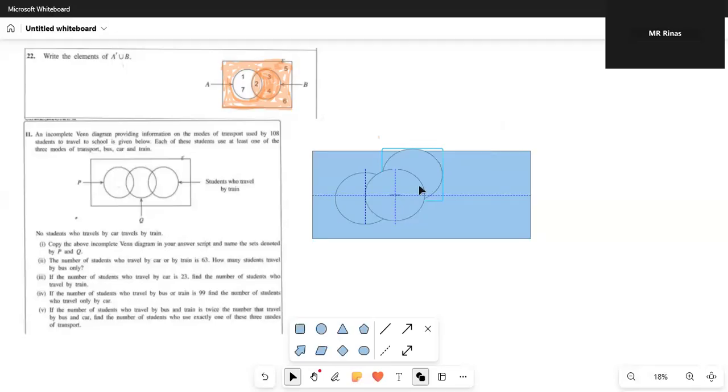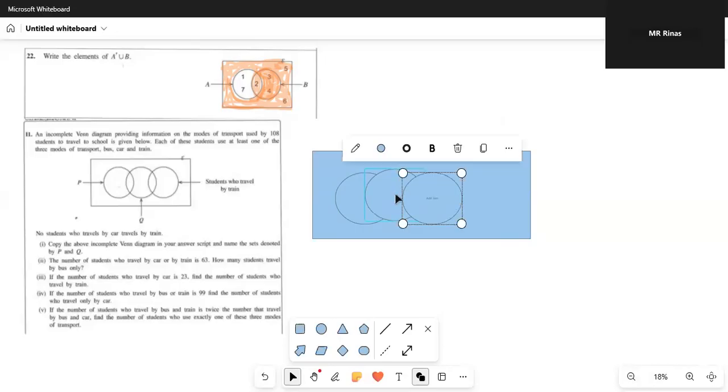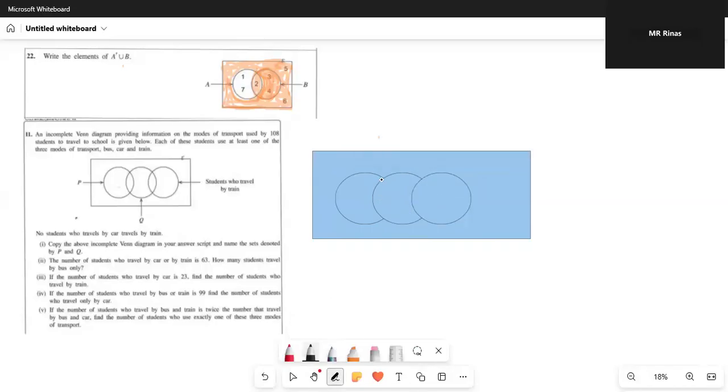Likewise, you have to join 3 circles like this. Okay, so like these 3 circles, and this one they have mentioned as P.